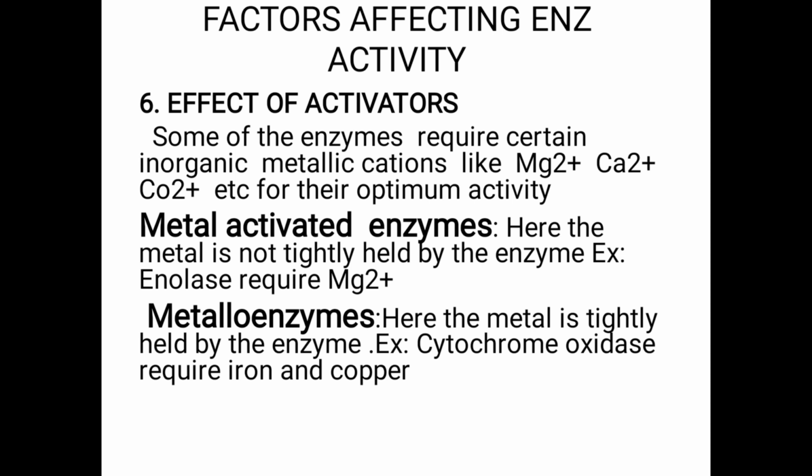In metalloenzymes, the metal is tightly held by the enzyme and cannot be removed easily. These metals are iron, copper and so on. So this is the effect of activators.